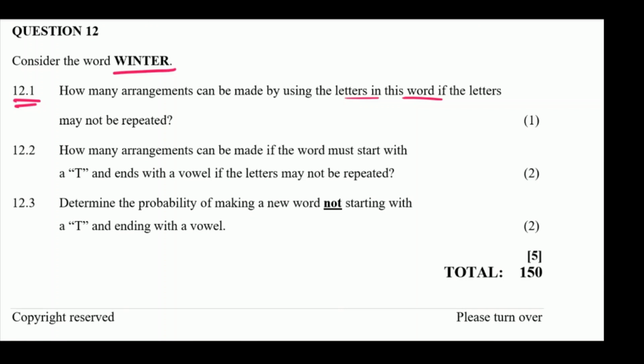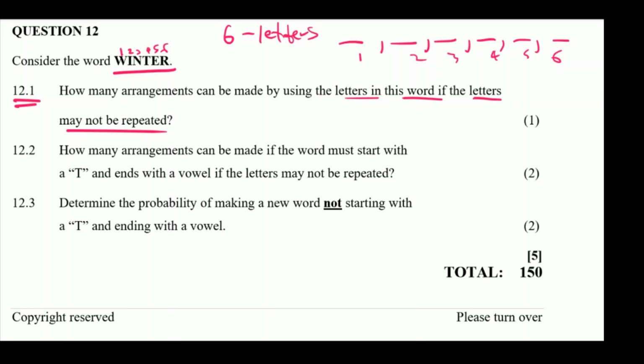So how many letters do we have? 1, 2, 3, 4, 5, 6. So you have 6 letters, meaning that if I were to write spaces, there would be 6. You want to arrange these letters in such a way that the letters are not repeated.